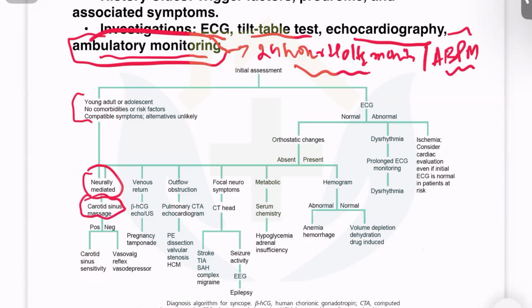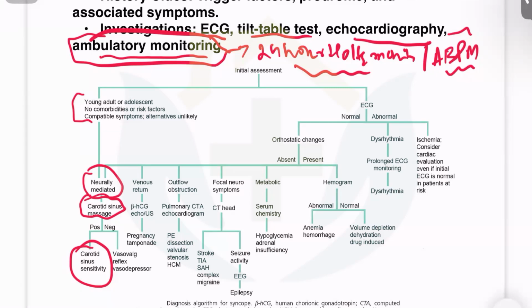So you can try a carotid sinus massage. If the carotid sinus massage again causes a syncope, then the patient has carotid sinus sensitivity. But if carotid sinus massage does not cause syncope, then it is vasovagal reflex syncope.